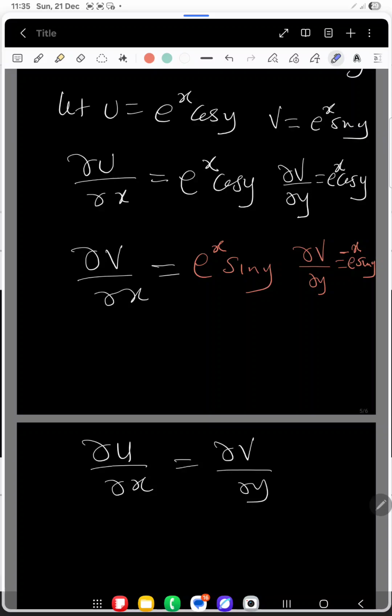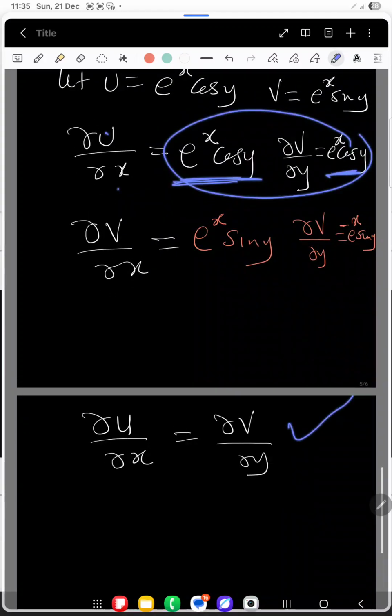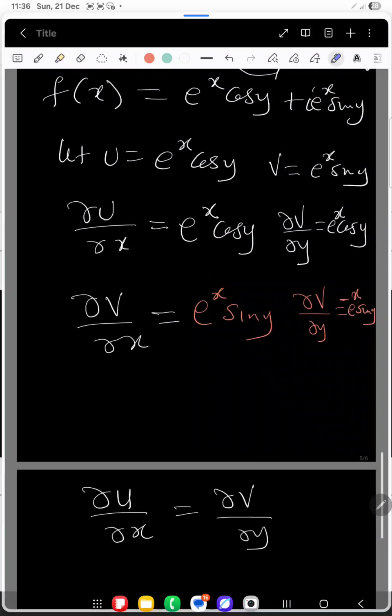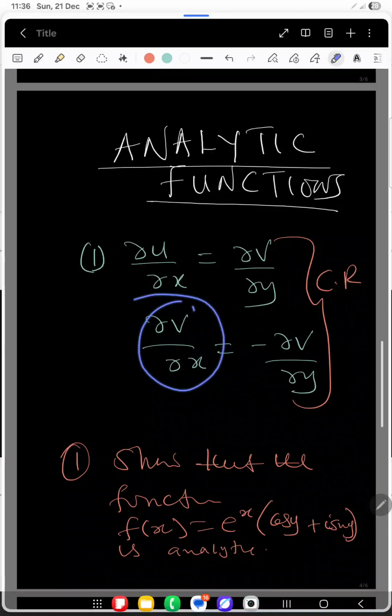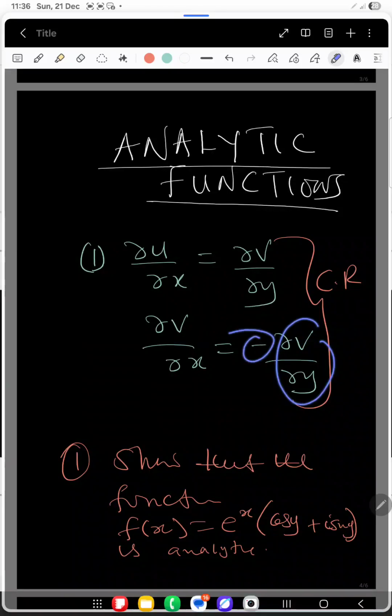Yes, for sure, because we've seen that ∂u/∂x is this, and ∂v/∂y is that. These are simply the same answers, meaning that the first condition has held. Then we also need to see that the second condition says that ∂v/∂x must be equal to ∂v/∂y, but with a negative in front.